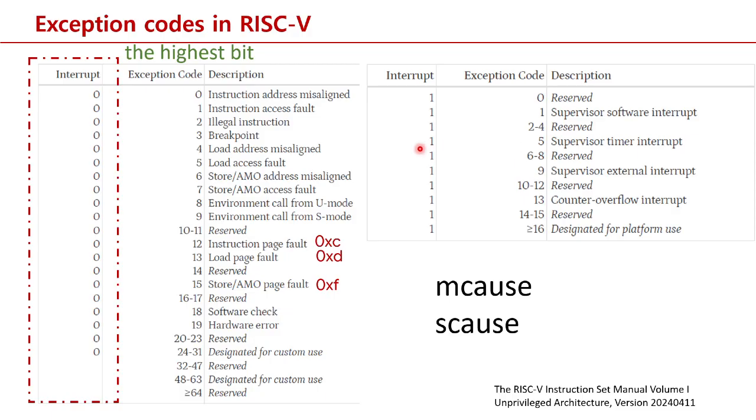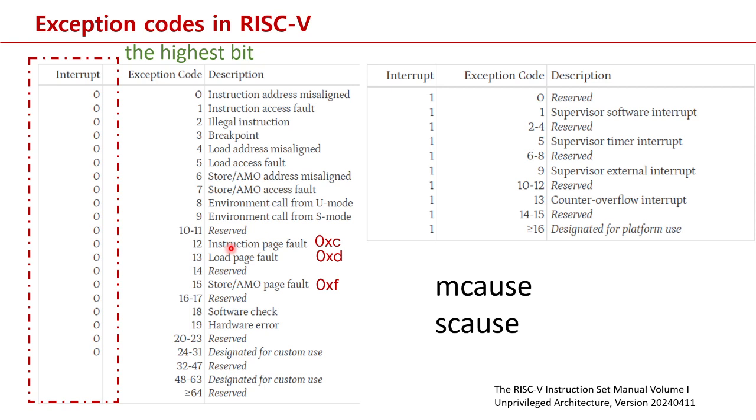If you actually use a debugging program to check the value of the mcause register and scause register, you can see that it has the value 0xCDF, because this exception code is in decimal format and this decimal value can be converted into hexadecimal format, where F is 15, D is 13, and C is 12.